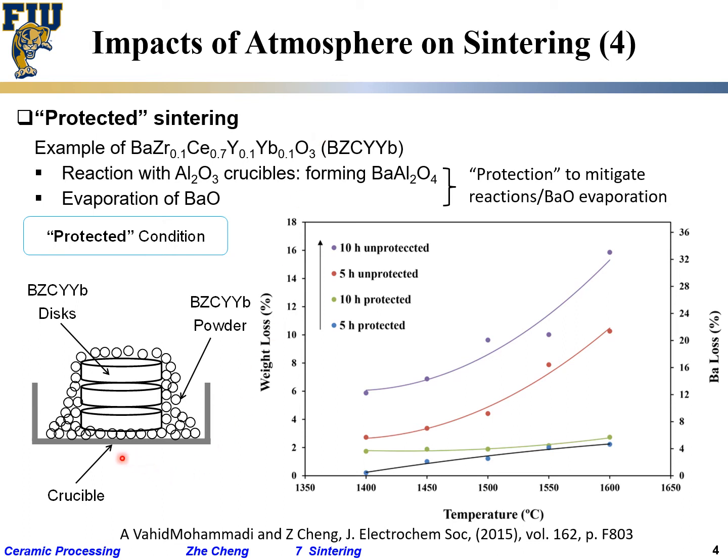Like, I'm using a crucible, but quite often my crucible is made out of aluminum oxide. But then what we find is this material, this so-called BZCYYB, reacts with aluminum oxide and forms some other material, which means if I'm having just this pellet, the barium would not only evaporate but also come down.